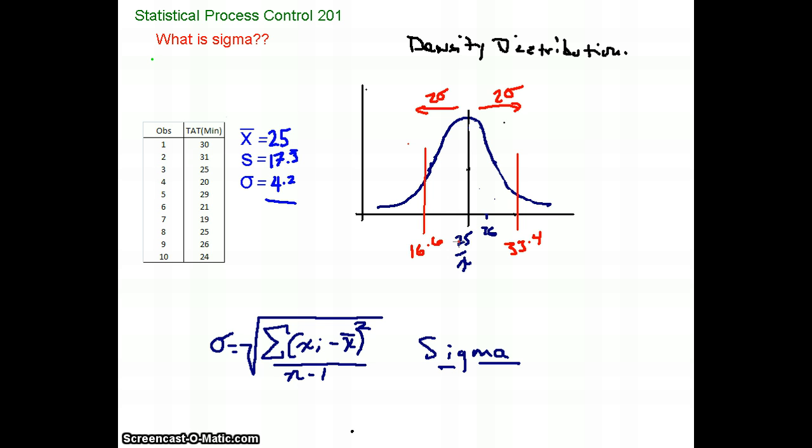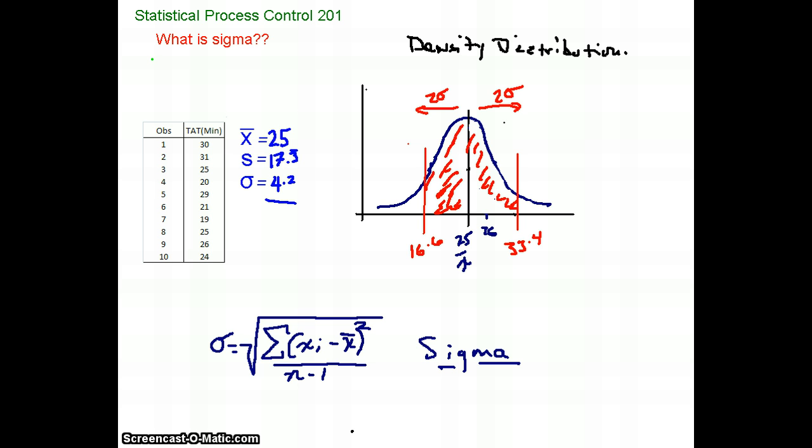So what does that mean? That means that we would expect 95% of the variables to be within this area, from 16.6 to 33.4.